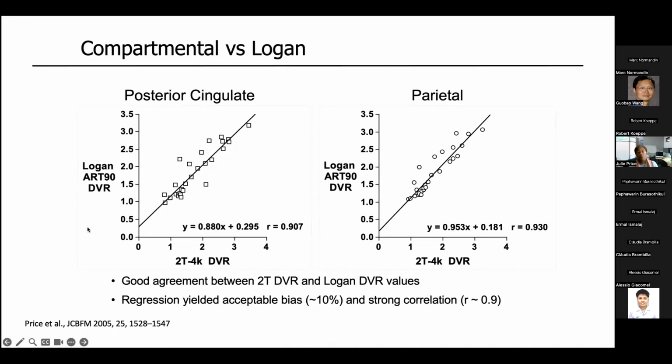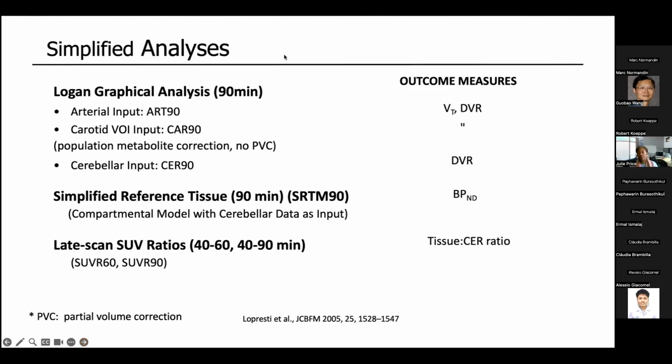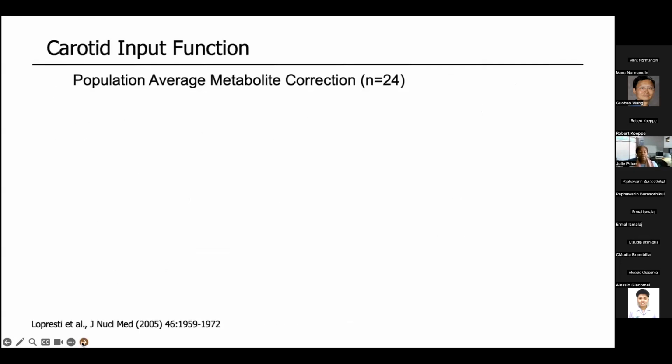And we know the Logan is susceptible to noise-induced bias. So it's important to always keep an eye on how robust the Logan is, particularly on a voxel basis. And then I'm just going to show a graph relating the outcomes across these various methods that I've described already.